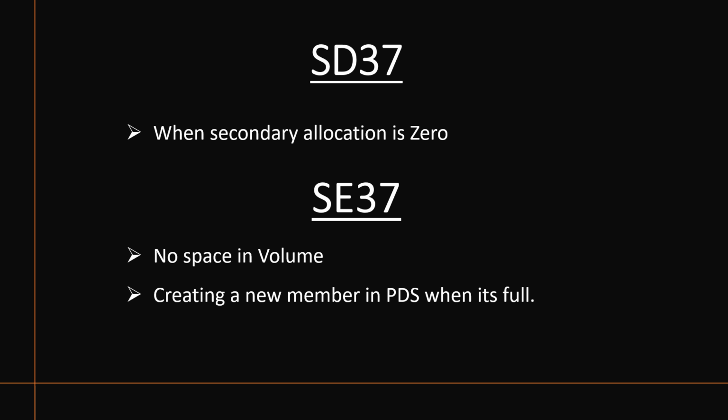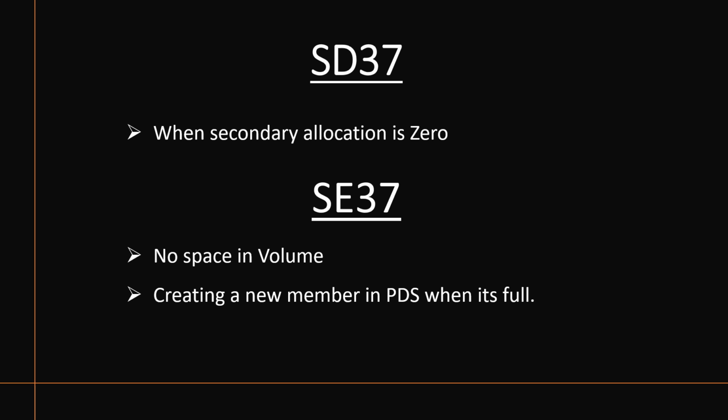And sometimes when you are creating a new member in the data set and there isn't space in that volume or in that data set and it has reached its extents, then you also get SE37 with reason code 04.